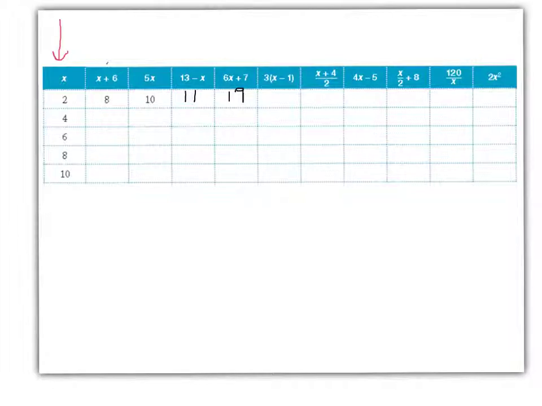I'll do a little bit of working down the bottom for our next ones. So we have 3 at the front of a bracket that says x minus 1. So when we substitute our value for x in, we'll have 3, 2 minus 1. So inside that bracket, we now have 1. So that means 3 times everything in the bracket, so 3 times 1.